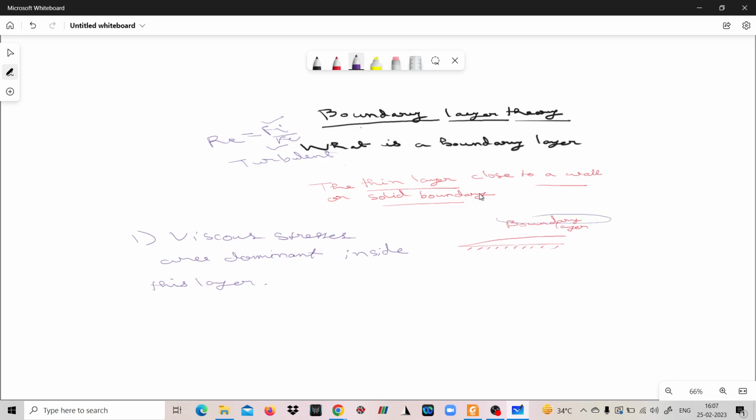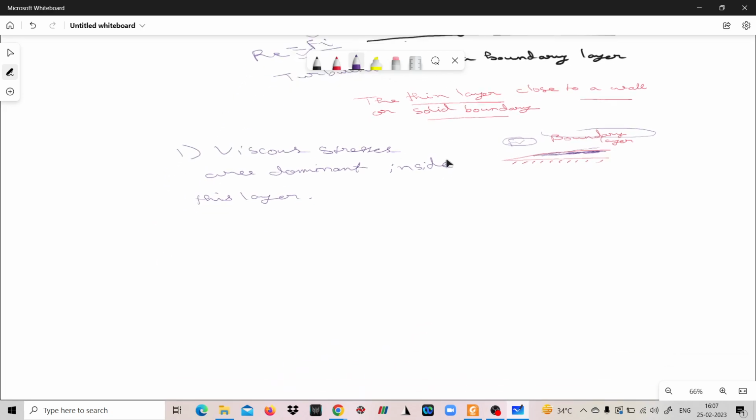Though in overall turbulent flow the inertial forces are dominant over viscous stresses, inside this boundary layer viscous forces are dominant. So that's why it is very important to consider this. Near a solid wall you need to consider this thin layer, which is the boundary layer. So this is the first important property, that is viscous stresses are dominant inside this layer.